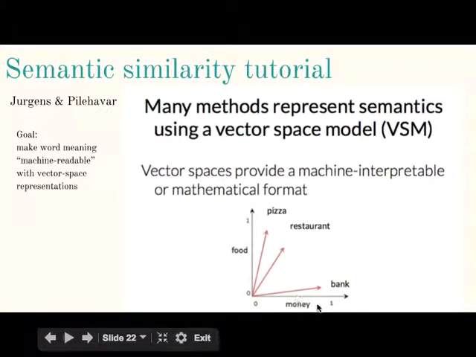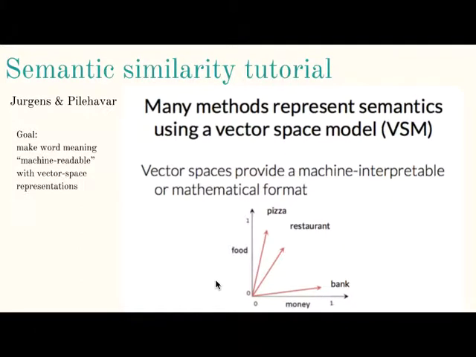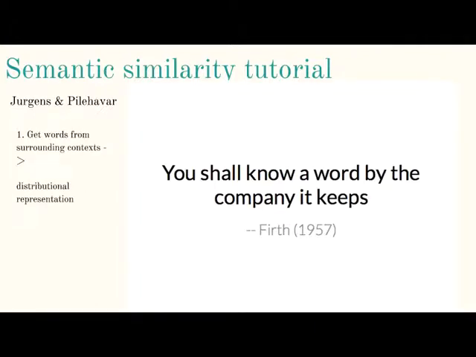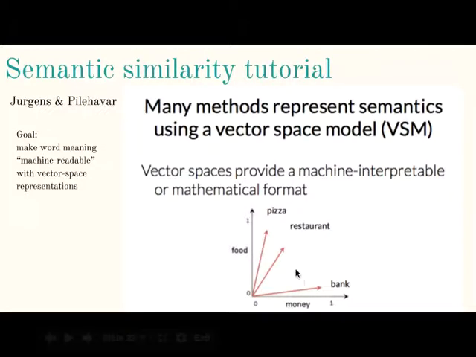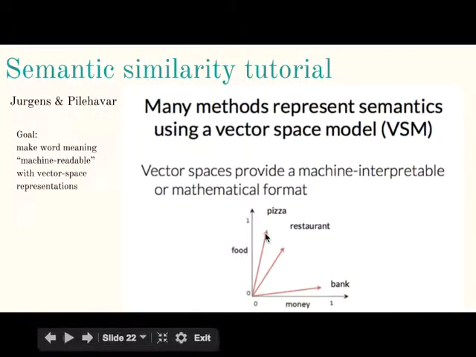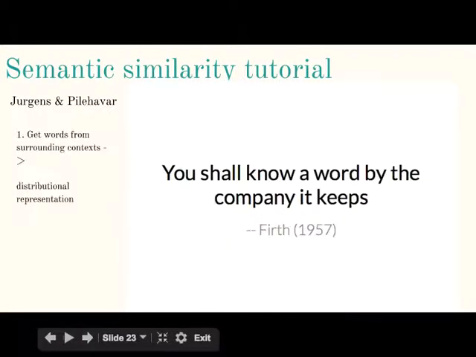This would be two dimensions, but you could extend this indefinitely, as much as you wanted. This is basically the main technique, vector space models, to make meanings interpretable to machines. But where do you actually get these values? How do you know that pizza has more to do with food than money, and vice versa?